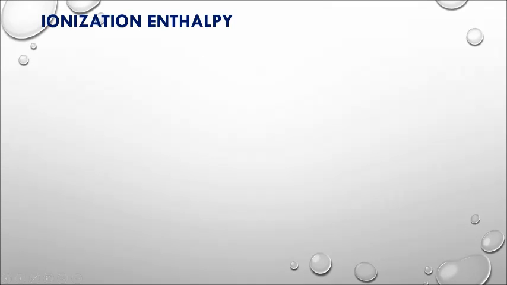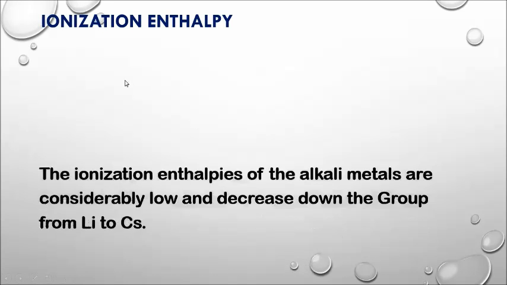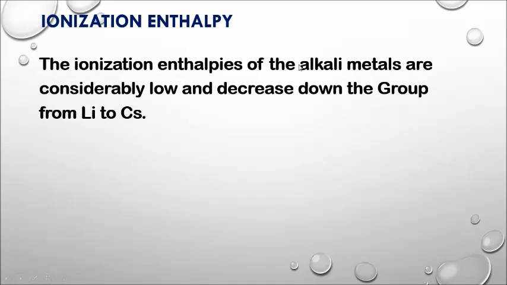Next we will see the ionization enthalpy of the alkali metals. What is ionization enthalpy or energy? The amount of energy required to remove an electron from the gaseous atom is termed ionization enthalpy. For the alkali metals, it is low and decreases down the group from lithium to cesium.